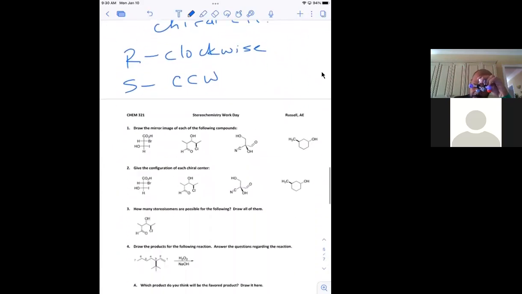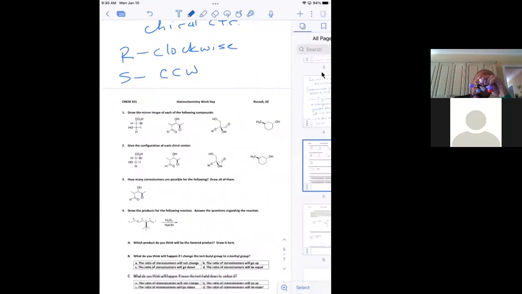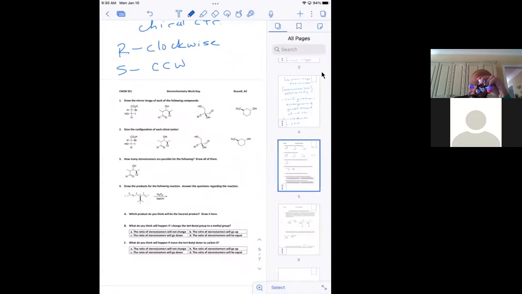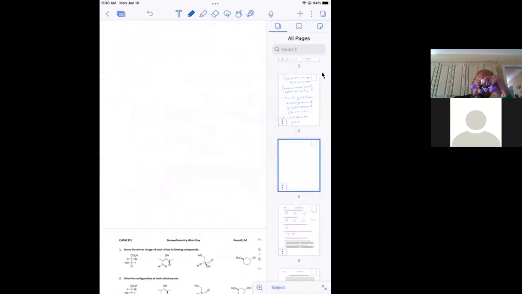So let's write that down because that's going to help us as we move forward. Let me add another page. Right, so now we have a couple of definitions.